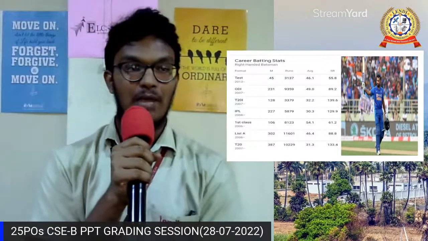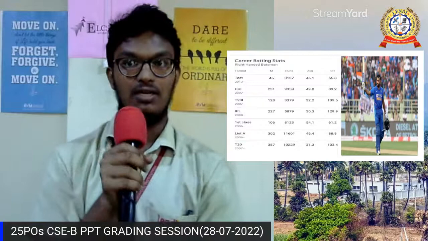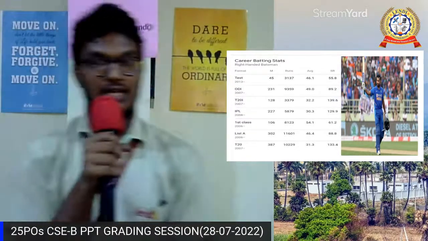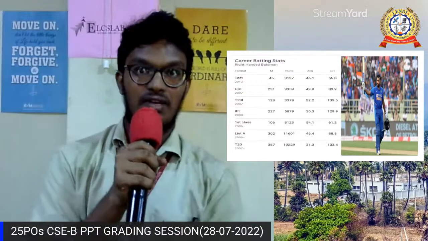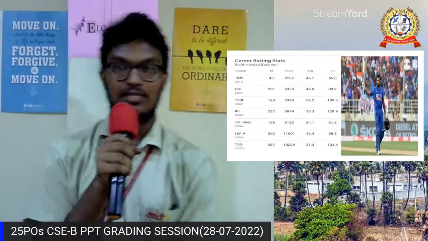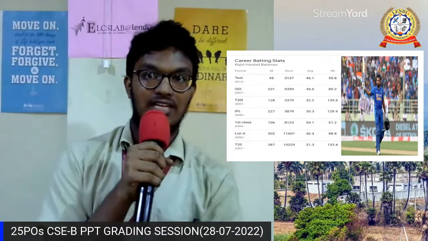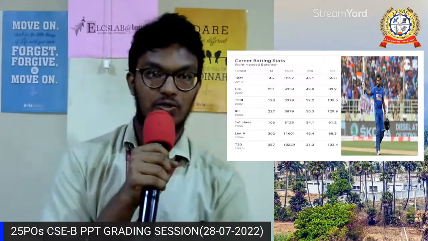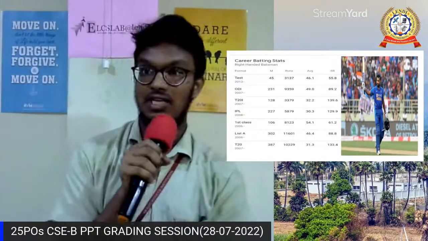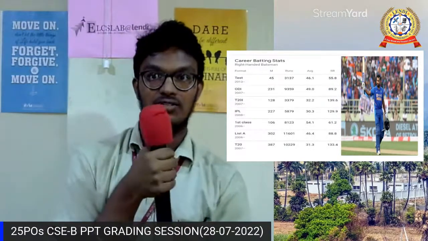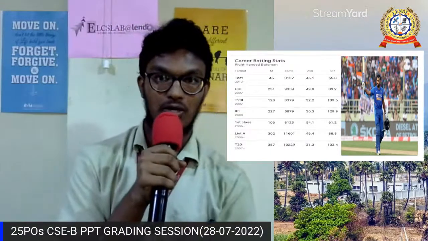About his Test career, he has the highest hundreds in the ICC events. He has 3 double centuries in ODI cricket, and his highest score in ODI cricket is 264, and in T20s he scored 118. He was the highest scorer in India, and he is a bowler also and an all-rounder.